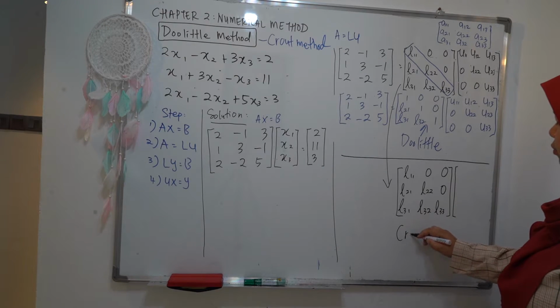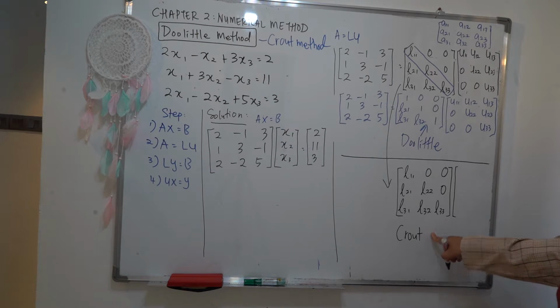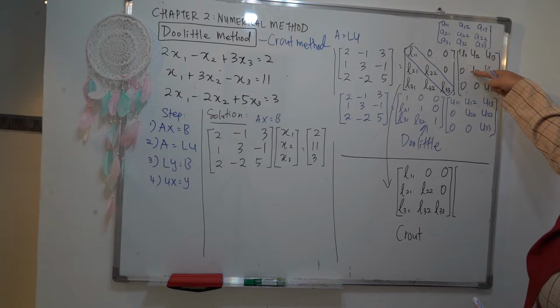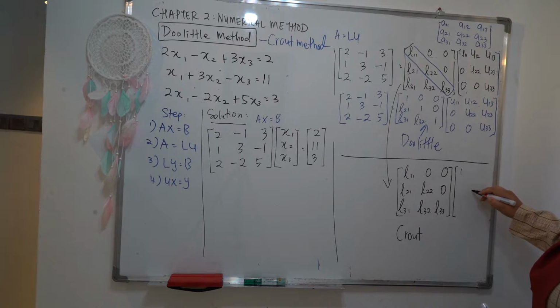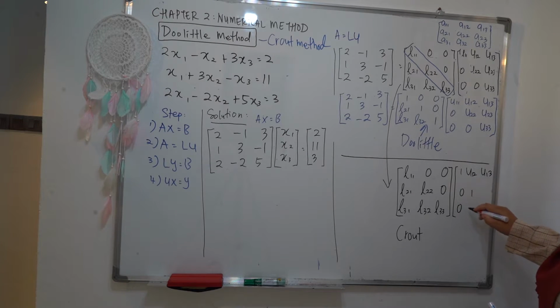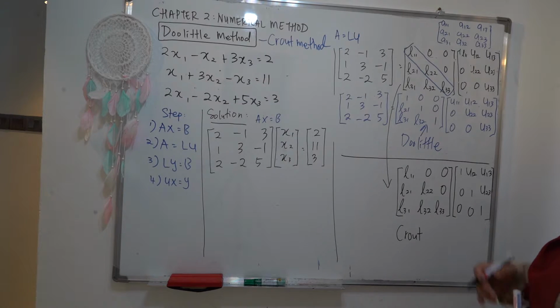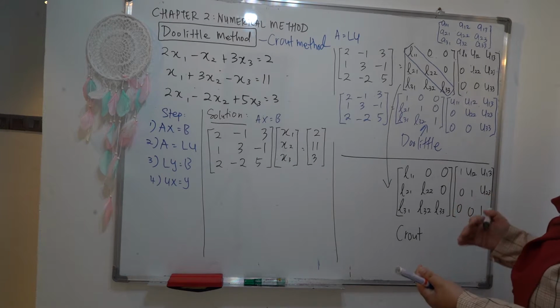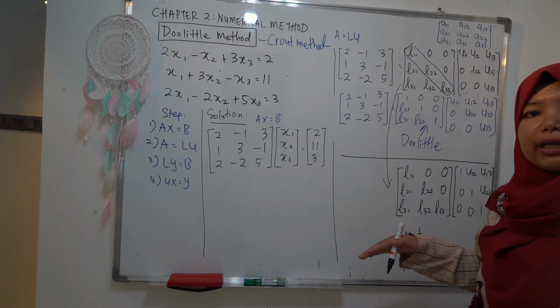For the Crout method, we change the diagonal of the matrix U into 1. So this is the comparison between the Doolittle method and the Crout method.